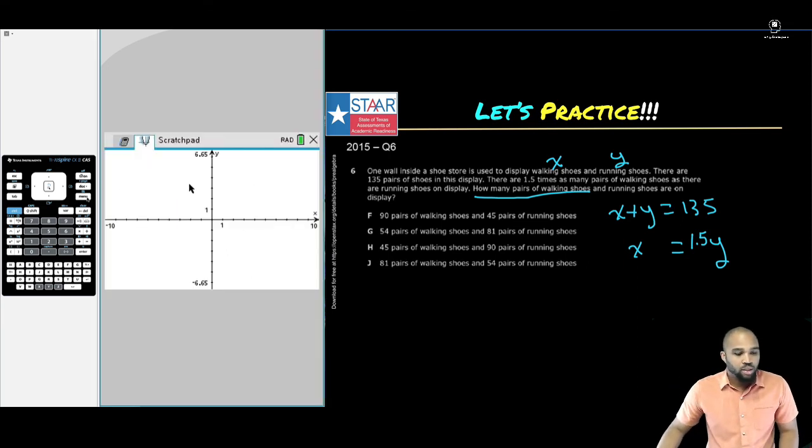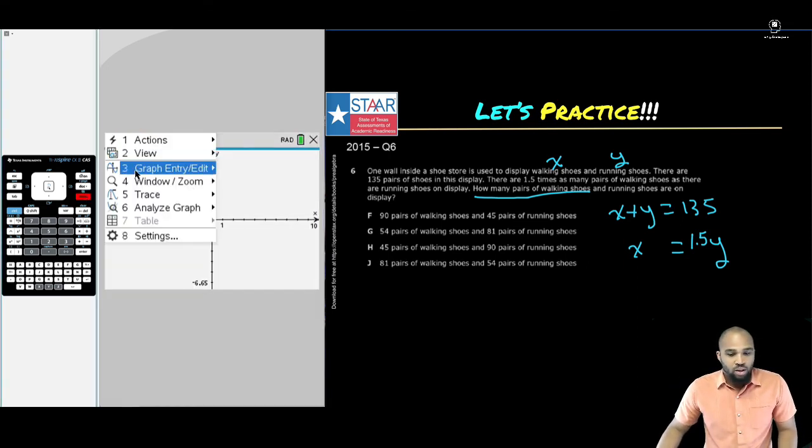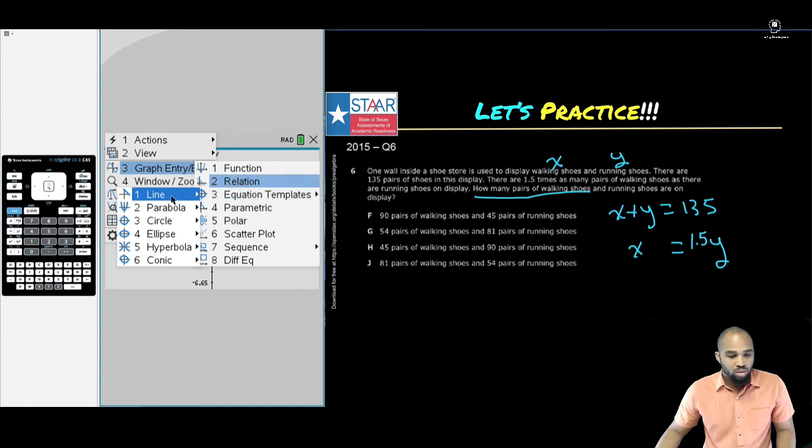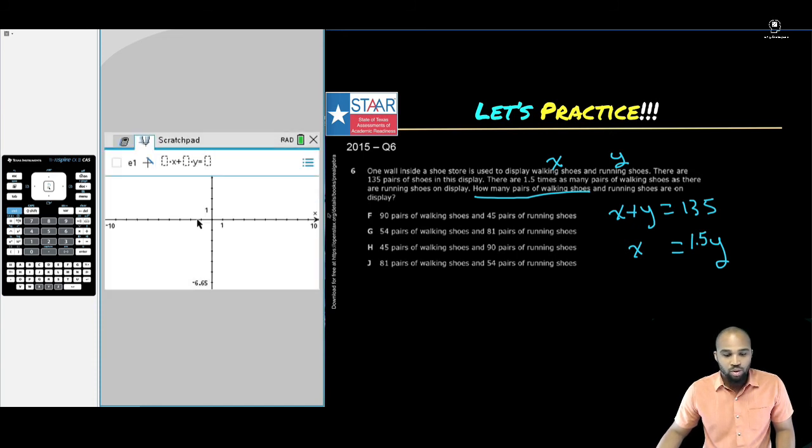All right, now I'm going to place this system in here. Go to graph entry and I can go to line and I want standard, because these are both, actually they're both not in standard form. So I'm going to put one in standard form to show you that you can switch it up if you want to. So 1 and 1 is for my first equation and it equals 135.